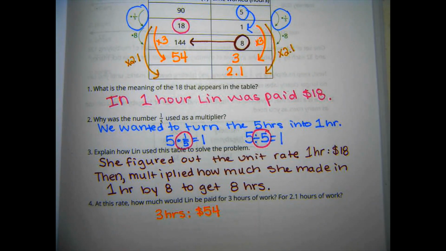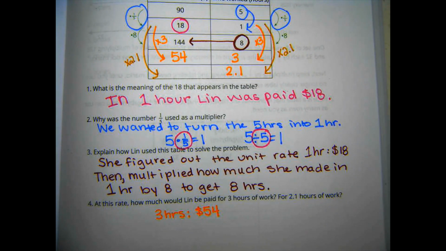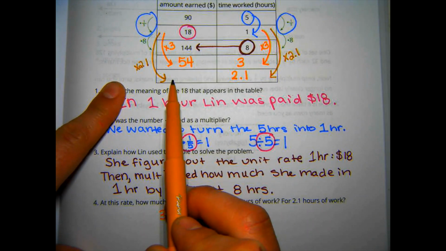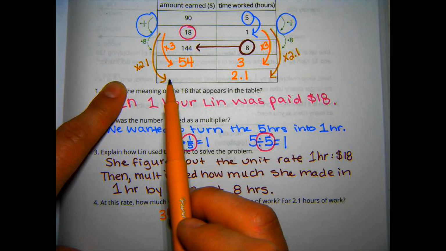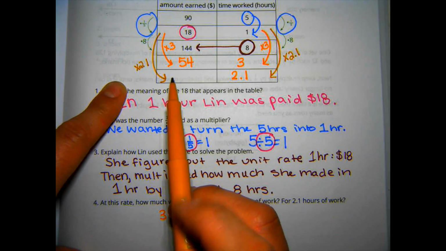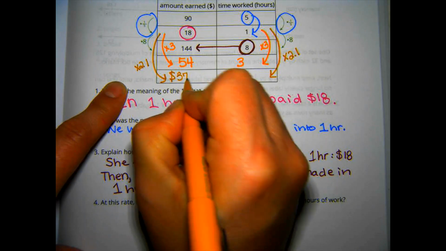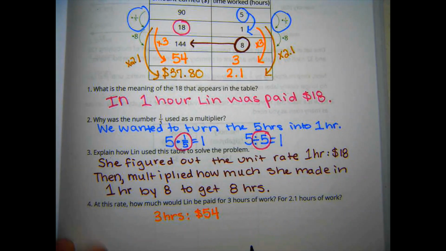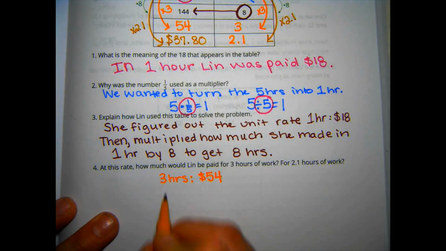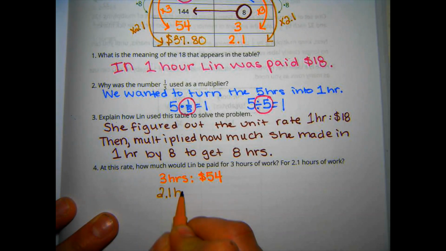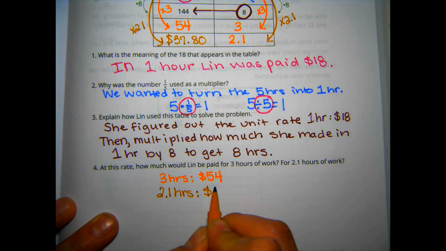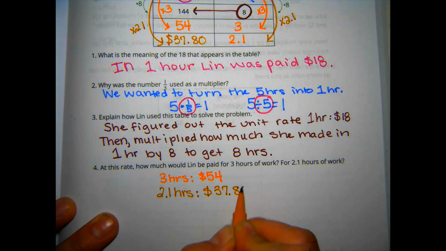And let's see how much money that is. 18 times 2.1. Did you get it? Good. I got $37.80. So, for 2.1 hours of work, she will get paid $37.80.